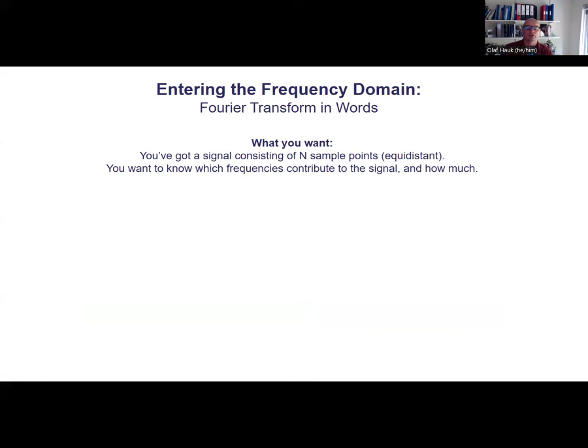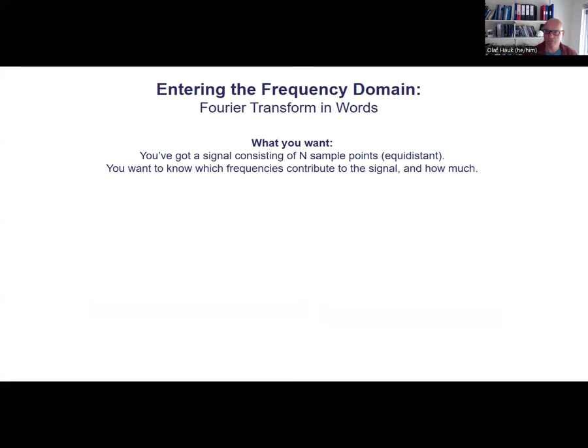Okay, so now let's put all of this together. We know that we have our orthogonal basis functions. Basis functions at different frequencies are orthogonal, and at every frequency we have two orthogonal basis functions, namely sine and cosine functions. And what have we got? We usually have a signal that contains n sample points.